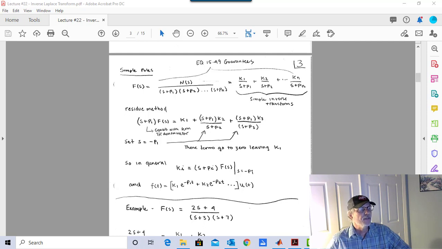So that means that I'm going to solve for my value of K1. So in general, what we say is that K of i, being 1, 2, or 3, or whatever, is equal to S plus Pi times f of s evaluated at S equals minus Pi.